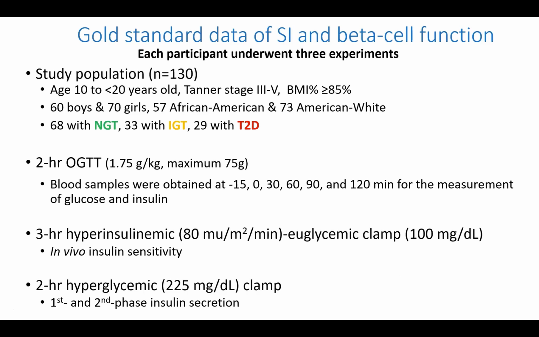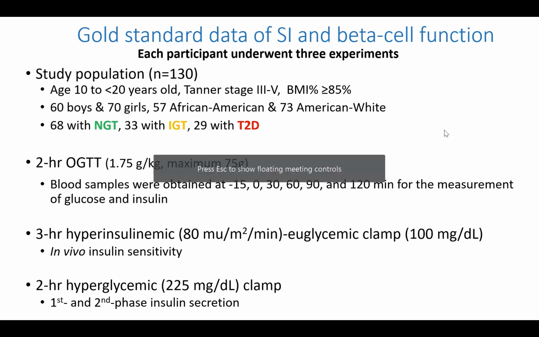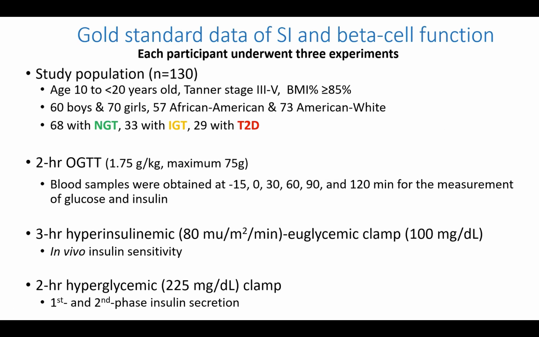Now, model validation. I'm using data from a collaborator from Pittsburgh, Silva Arslanian. This is from obese adolescents. Each patient did 3 experiments: a 2-hour OGTT, a 3-hour hyperinsulinemic euglycemic clamp, and a 2-hour hyperglycemic clamp. The glucose tolerance is diverse, including NGT, IGT, and type 2 diabetes.